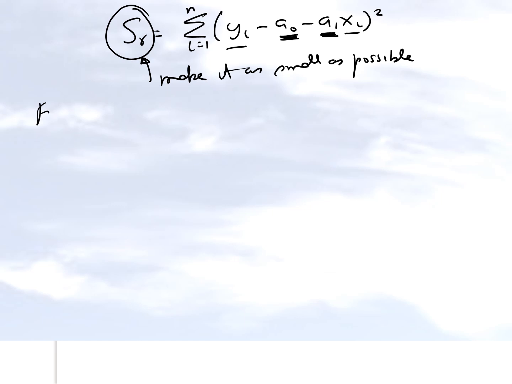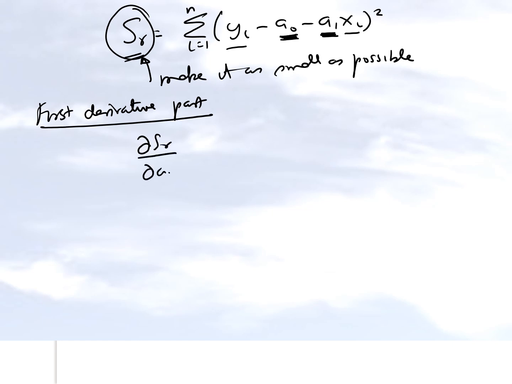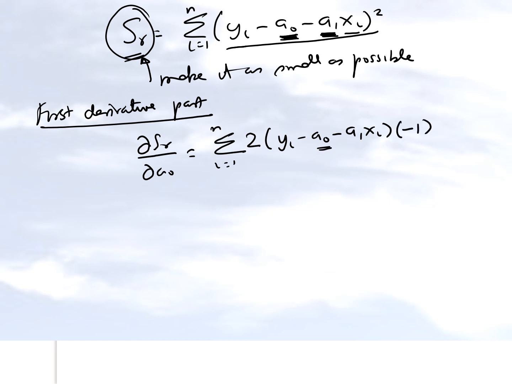So let's do the first derivative part here. The first derivative part of finding the absolute minimum of SR would be as follows: let's take the derivative of SR with respect to a0, and that'll be summation i is equal to 1 to n, and we can apply the chain rule here. We get 2 times y sub i minus a0 minus a1xi multiplied by the derivative of minus a0, which is minus 1 with respect to a0.